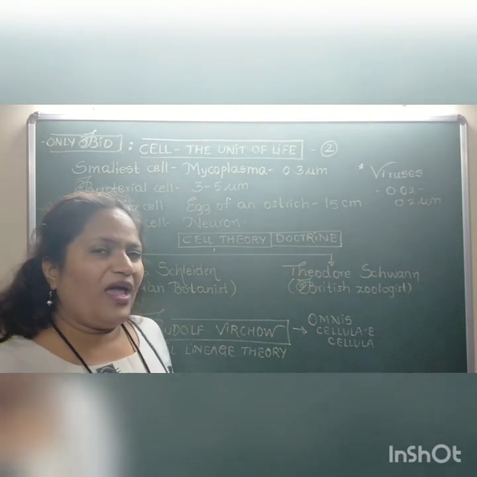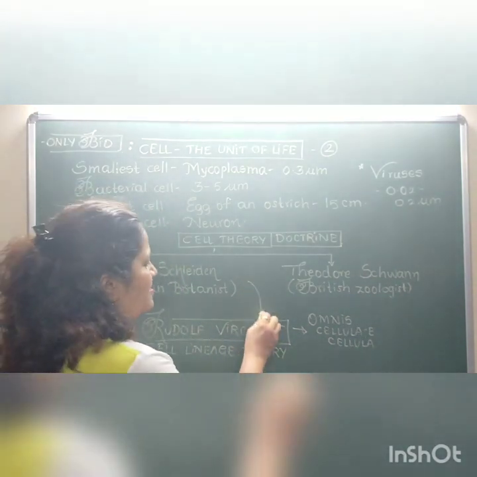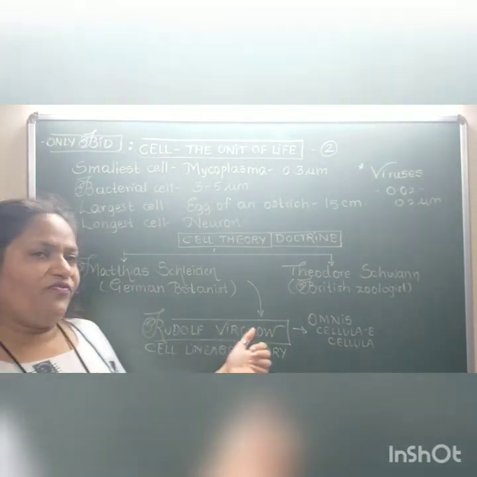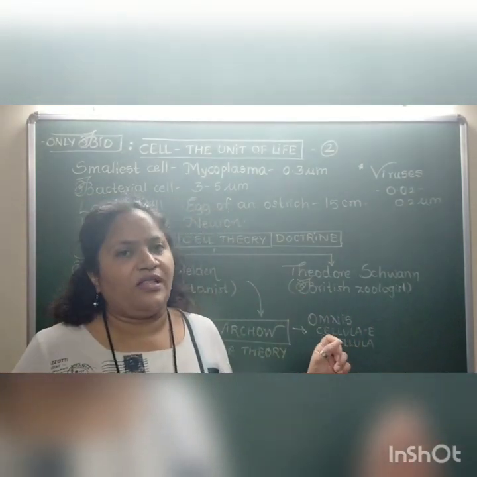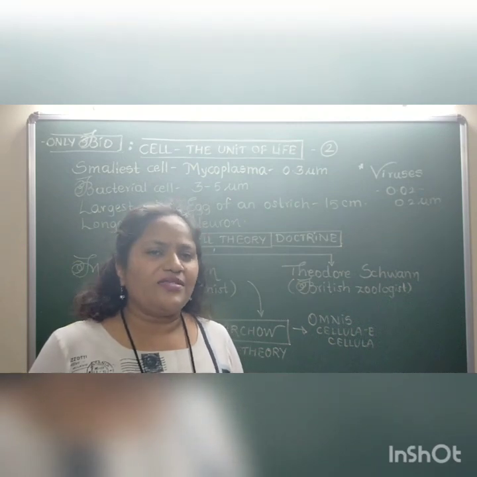So this theory had a small addition that was given by another scientist, Rudolf Virchow. Rudolf Virchow added one point to this cell theory that was called omnis cellulae cellula.